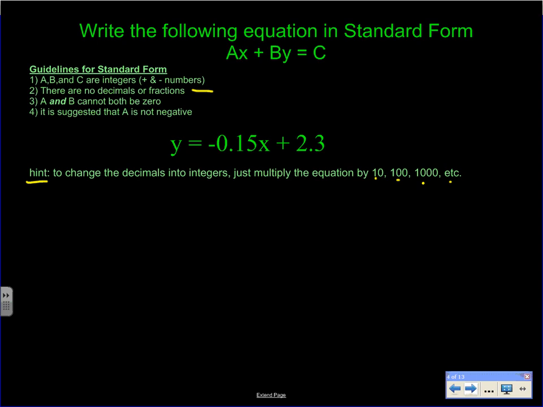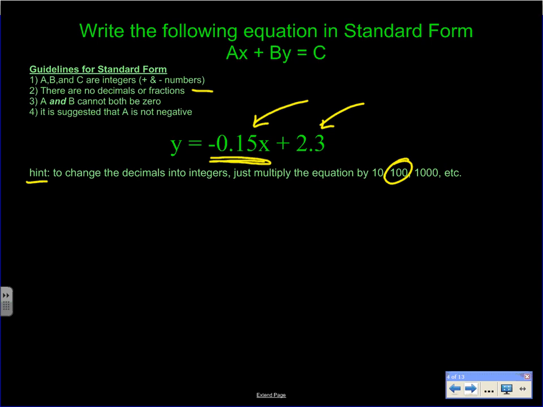This right here is 15 hundredths, and this one right here is 2 and 3 tenths. So we're probably going to choose to multiply this by 100. That way we can get rid of the decimal here.